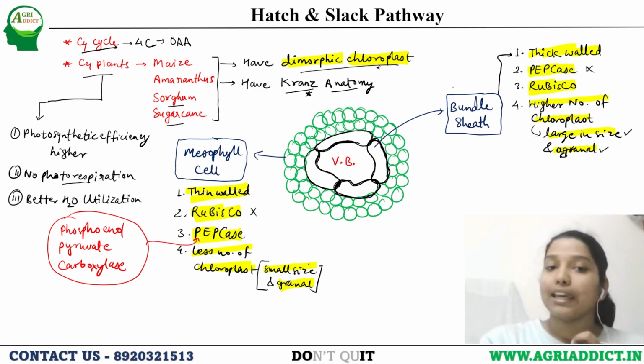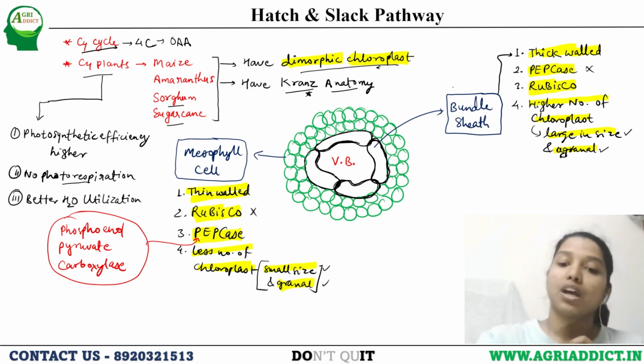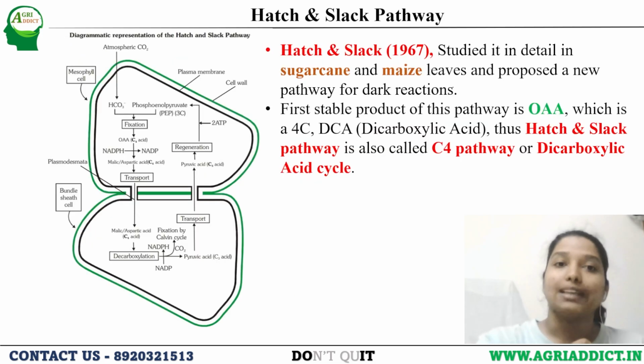This is one kind. In the case of mesophyll, we have small size chloroplasts which are granal, meaning they carry grana in them. So this is the basic difference between bundle sheath cells and mesophyll cells. Kranz anatomy is this arrangement of thick walled cells, that is bundle sheath cells, around the vascular bundle. Now let's move to the next slide.